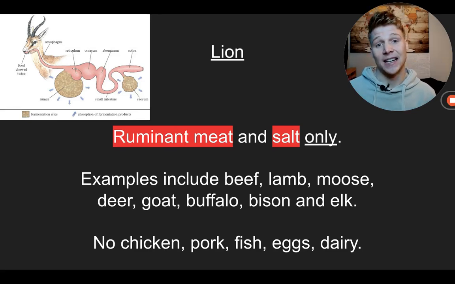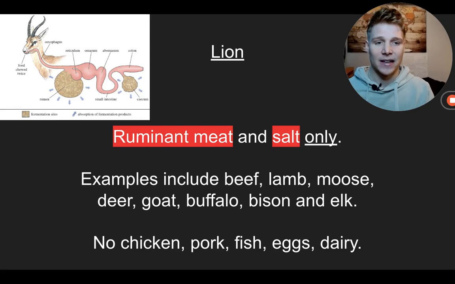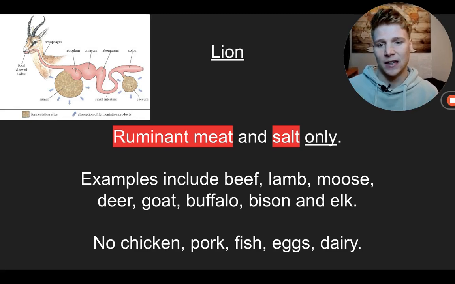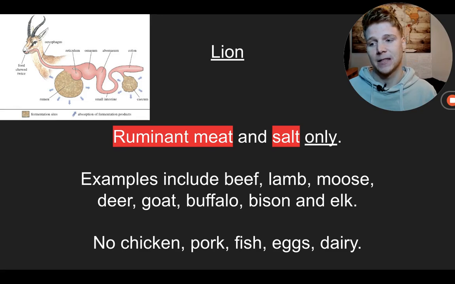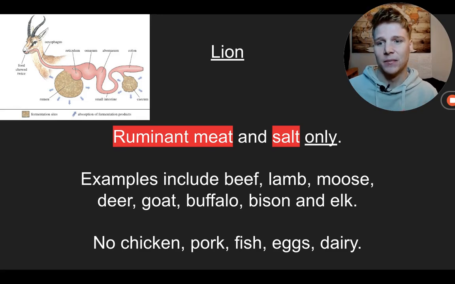Things that are excluded on the lion diet are chicken, pork, fish, eggs, and dairy. And I did the lion diet for 30 days. I was feeling great and definitely going to carry it on. But I think I may eventually go more carnivore and add some eggs.